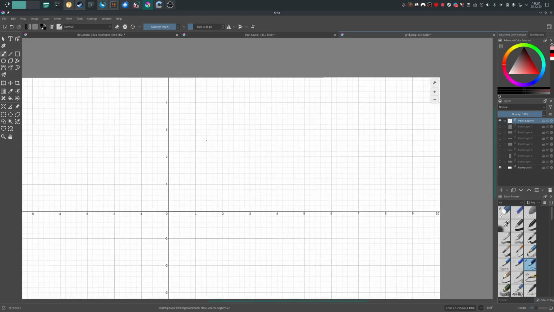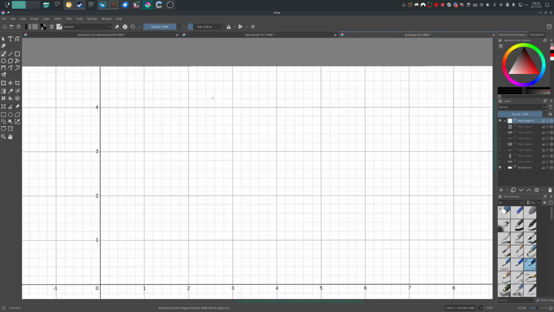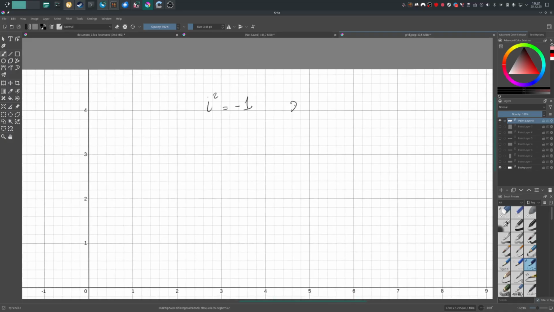I think this is very useful because you will see a lot of books that will introduce it like this. They would say i squared equals minus 1. That's how they will tell you. They will tell you it is the solution of this polynomial.